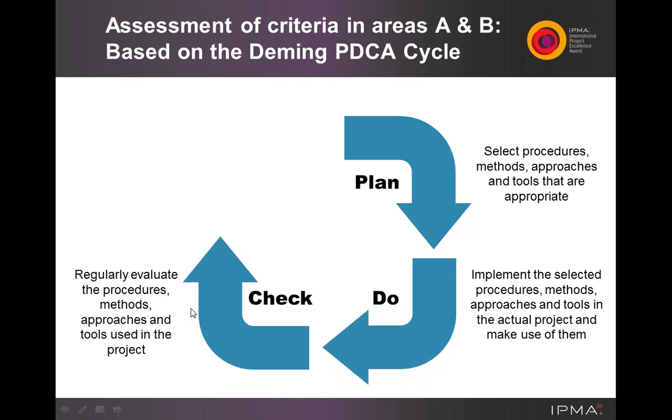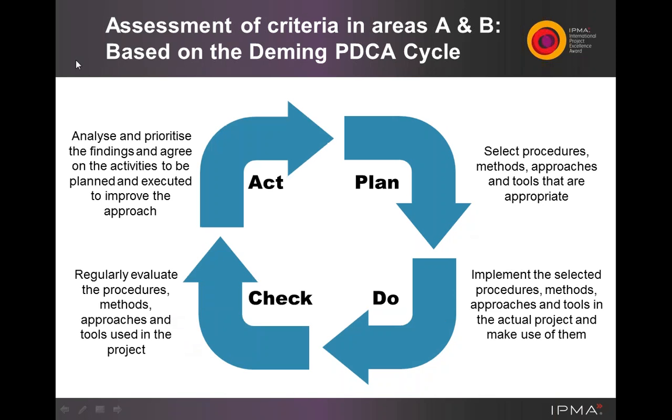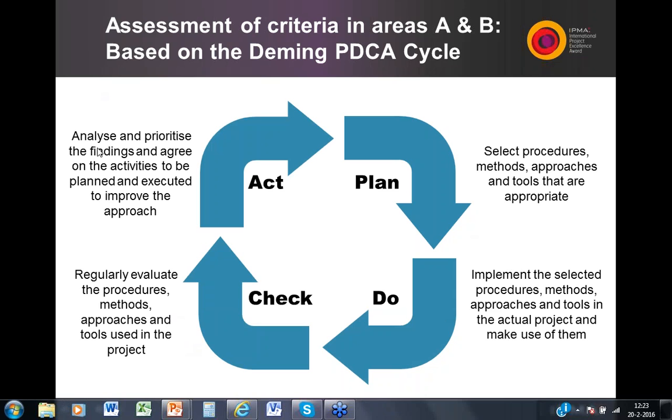The third step, of course, in the Deming circle is the checking. Does the project regularly evaluate the procedures, methods, approaches and tools used in the project? And do they act on anything they find differentiating? So do they analyze and prioritize the findings and agree on the activities to be planned and executed to improve the approach? So this continuous improvement cycle you would expect to find in an excellent project.